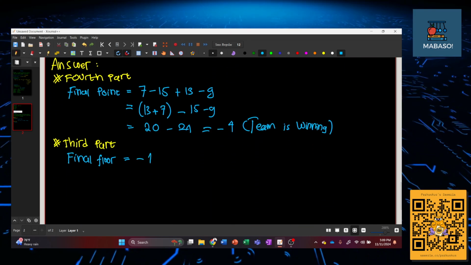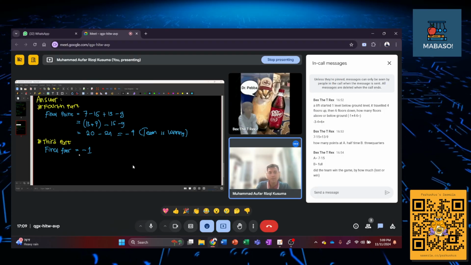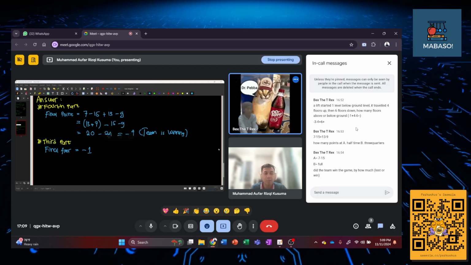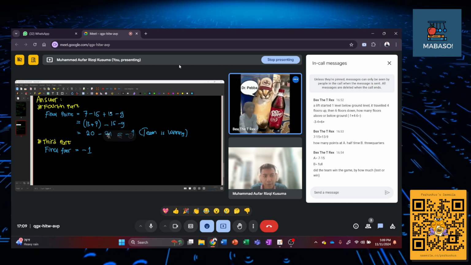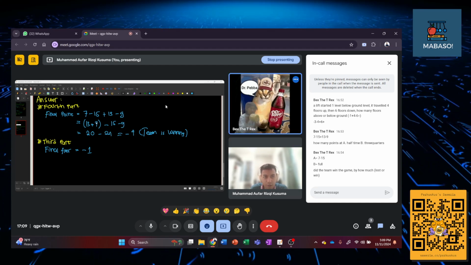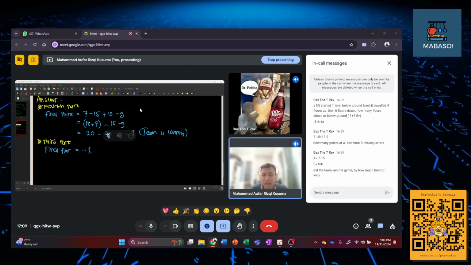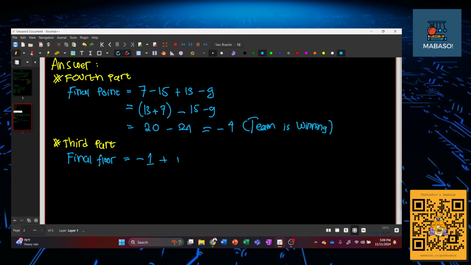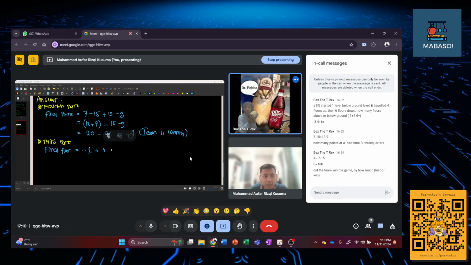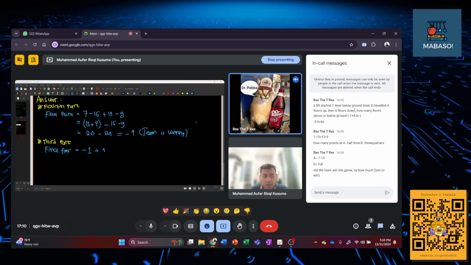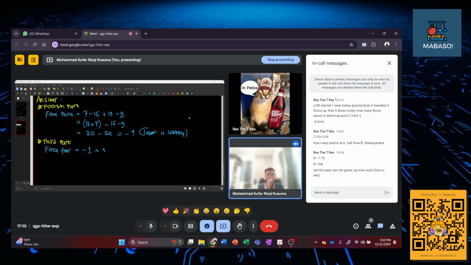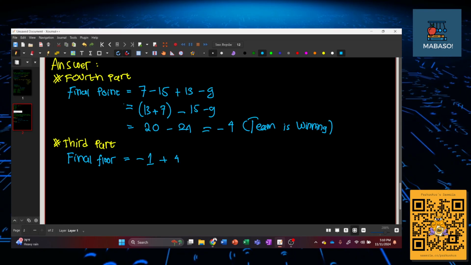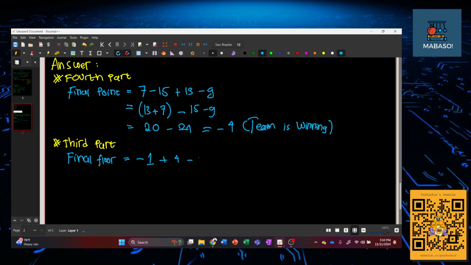So the position starts from -1. Then it travels four floors up, which means we add 4, and then it goes six floors down, so we subtract 6.